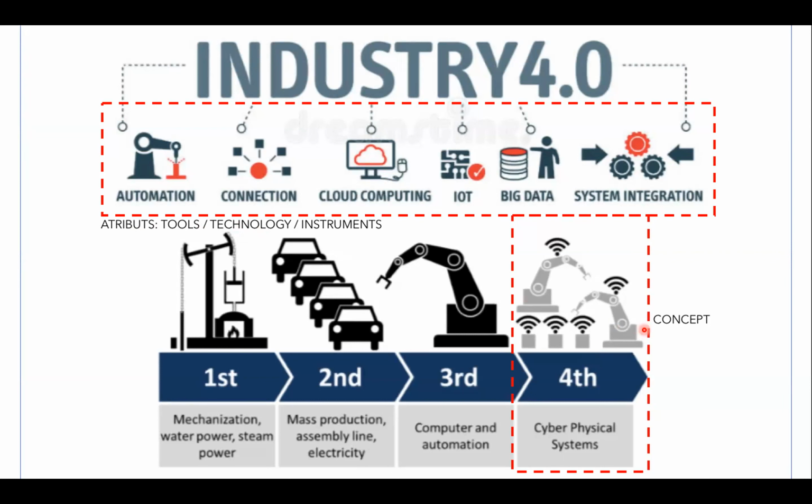The first era and second era are okay. In the first era we talk about mechanization. In the second era we talk about electricity. But in the third, we come into computer technology and robotics technology.